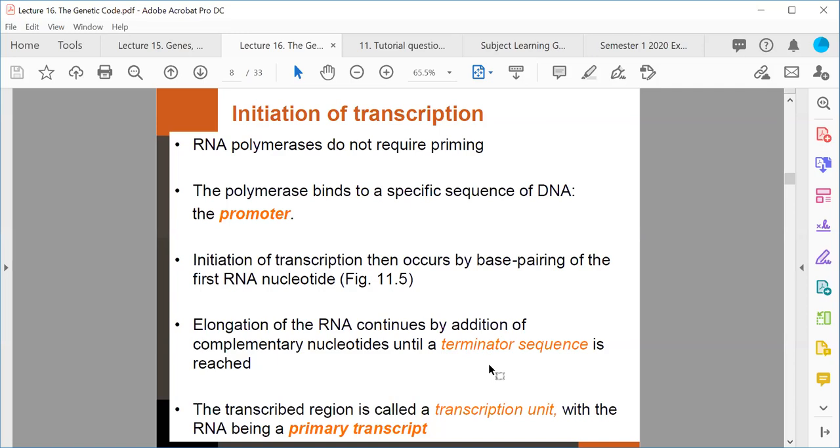And once the RNA polymerase reaches that specific sequence, it basically disengages and it stops transcribing. So the transcribed region of DNA is called a transcription unit, and the RNA strand that's been transcribed is called a primary transcript.